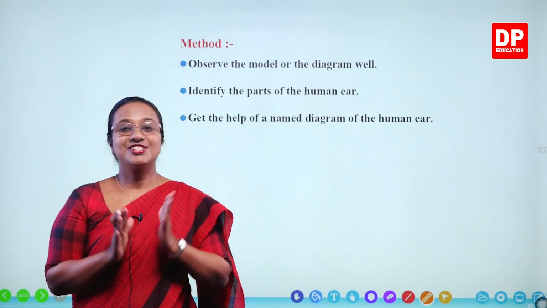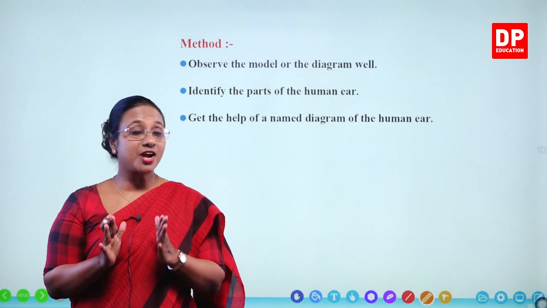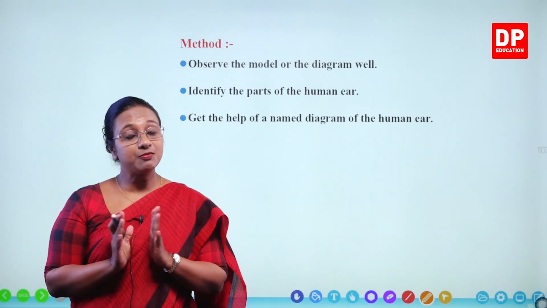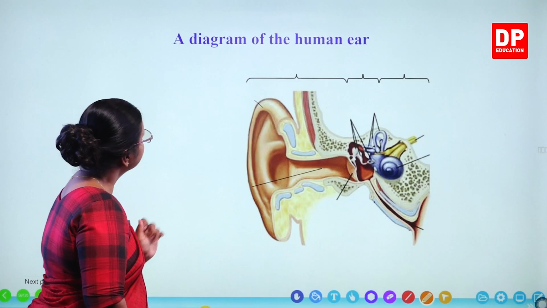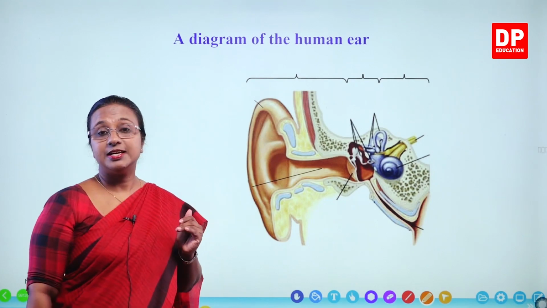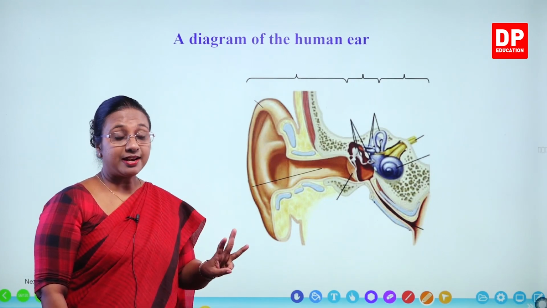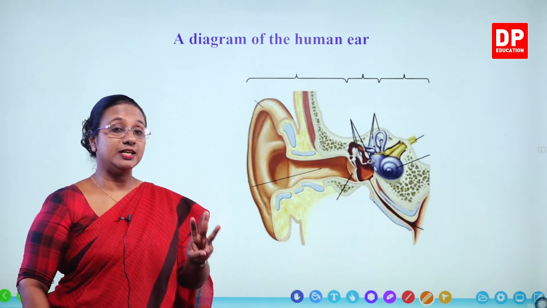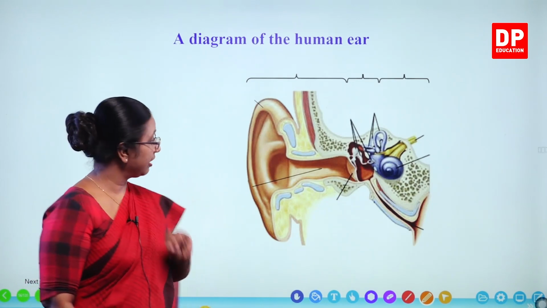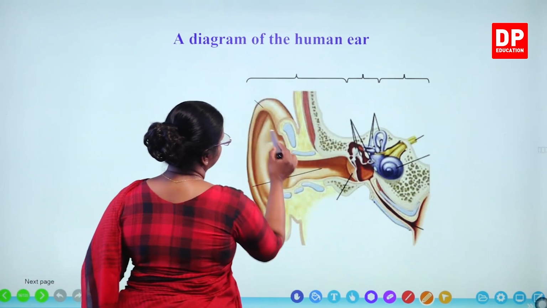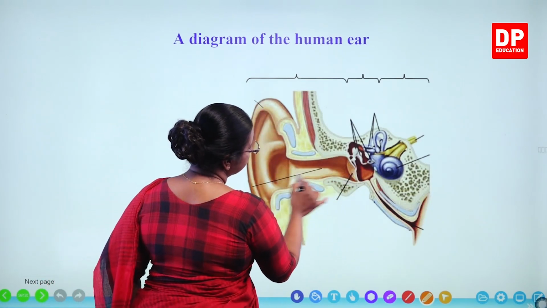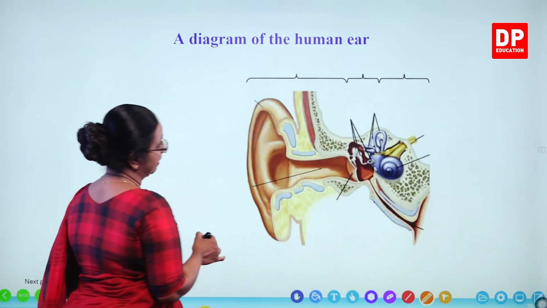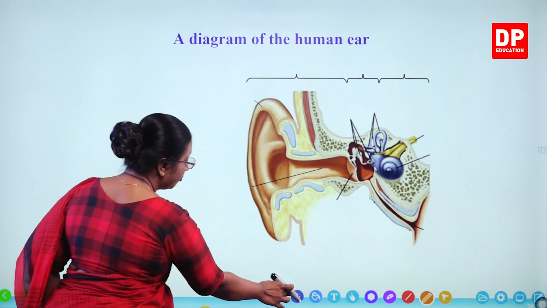Okay, students. So now that you have understood the structures of the ear, we will move on to the next slide. Here a diagram of the human ear is given to you. So you all can remember I told you the human ear is divided into 3 parts. So this part which has the earlobe or the pinna, external auditory canal and the tympanic membrane is the outer ear.